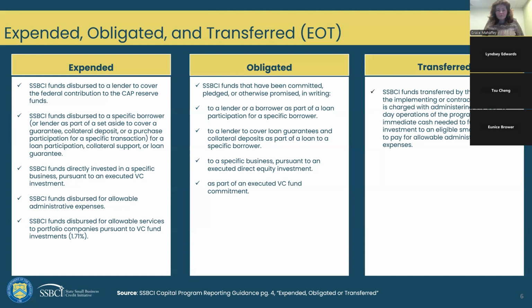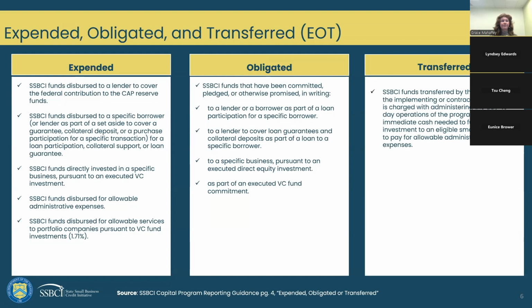For a direct equity transaction to be considered obligated, there should be a signed investment agreement between the jurisdiction or its contracted entity and the investee committing the funds, but the funds have not been received by the business.